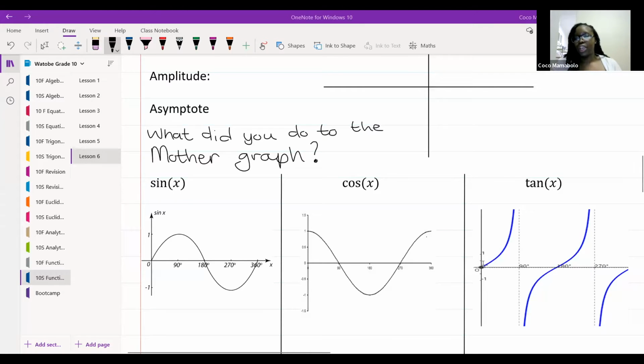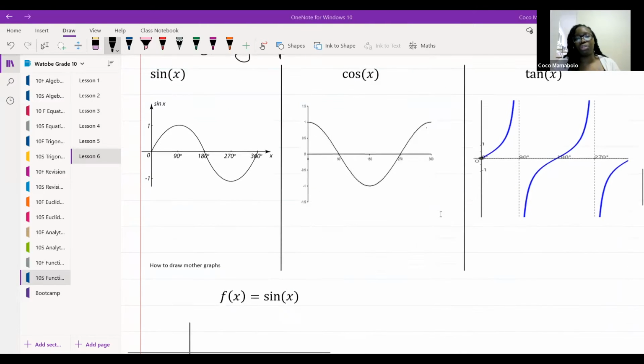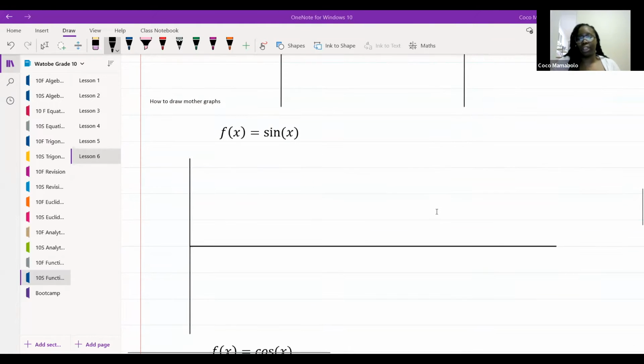Excellent. So we're going to start by actually drawing the mother graph of sine. We're going to use these same points over and over again: 0 degrees, 90 degrees, 180 degrees, 270 degrees, and 360 degrees.